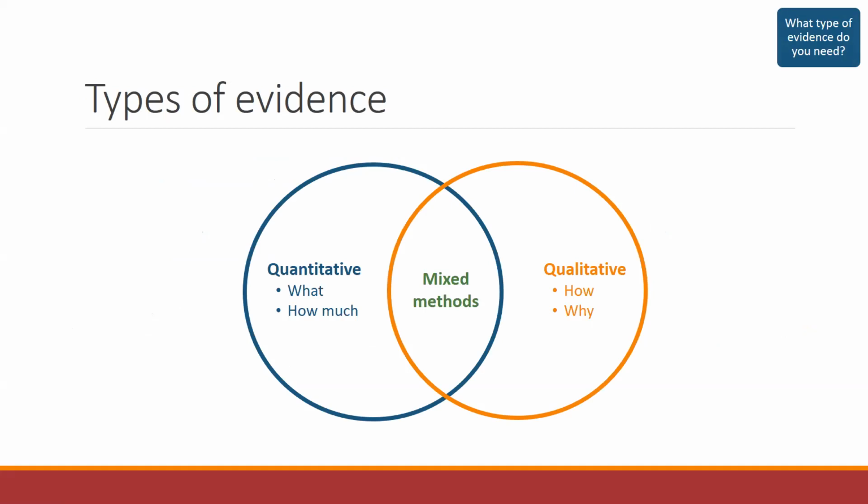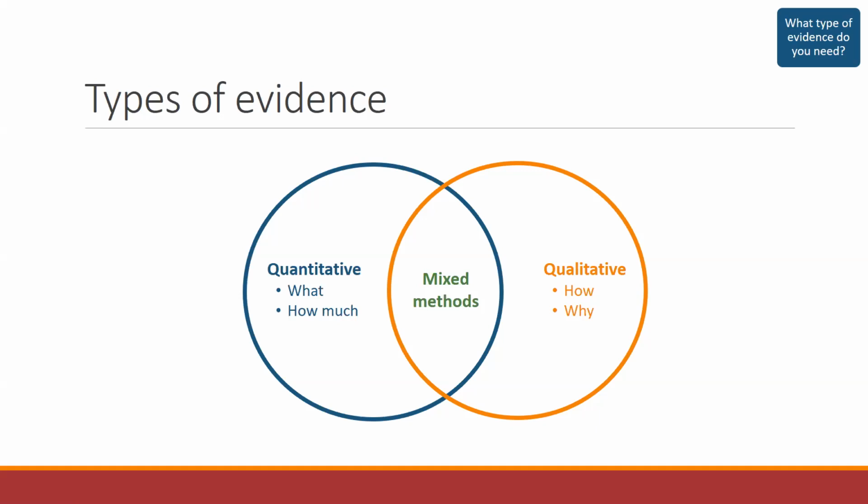This can be driven by the type of information that you would like, that your funders would like, that your stakeholders care about. You're thinking about how much of each of these types of data you want.